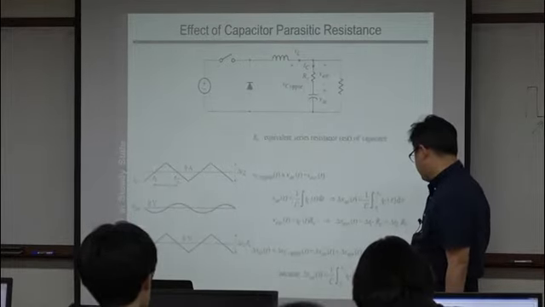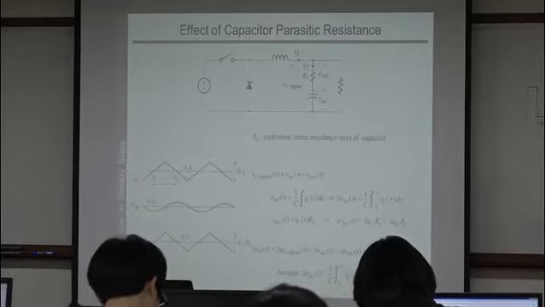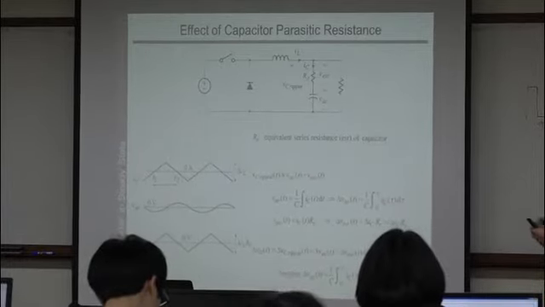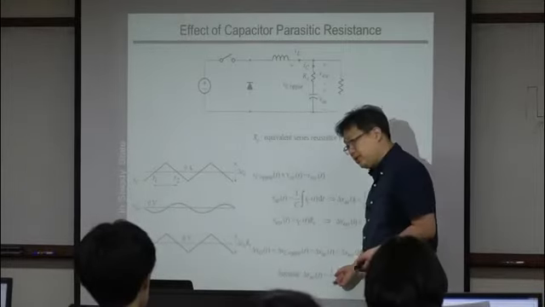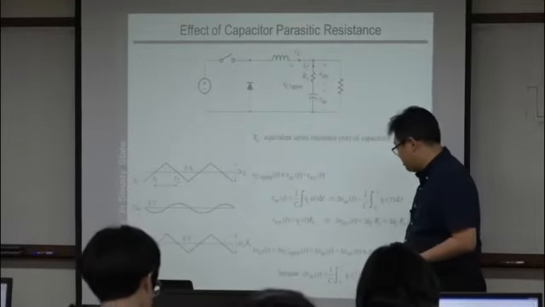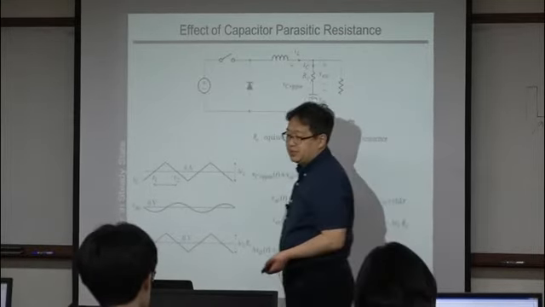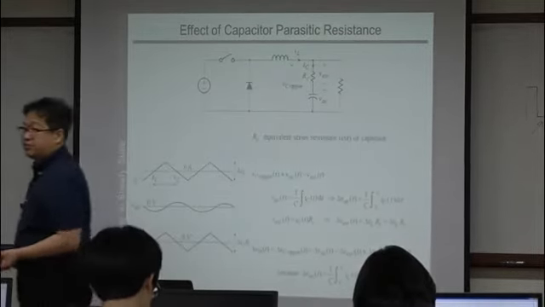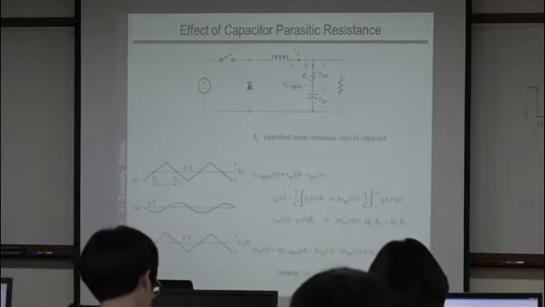So in many cases this is much larger than this. So you can simply ignore this component. But still, it is meaningful to calculate the ripple component through the formula.